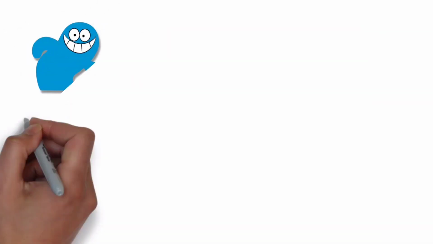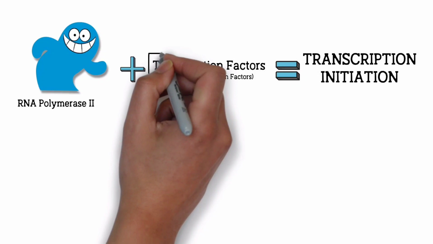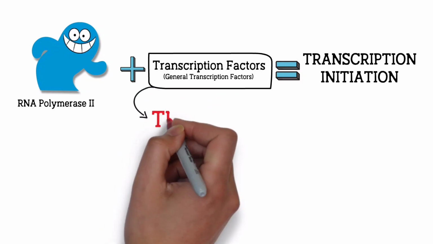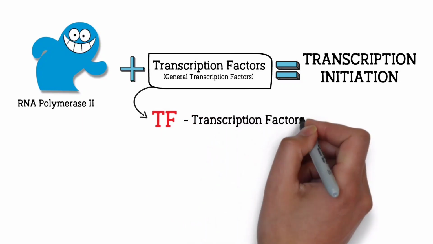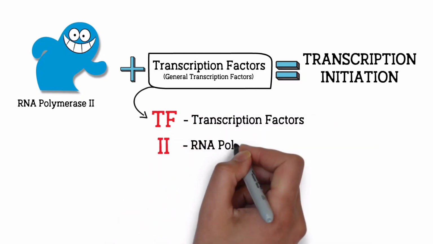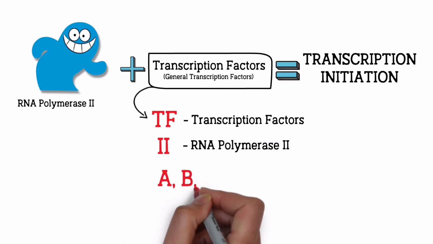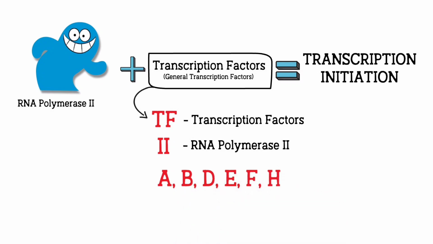The RNA polymerase II, along with other proteins known as transcription factors, collectively known as general transcription factors, are required for the initiation of transcription. Let's see how transcription factors are designated. The initial two letters are written as TF, which stands for transcription factor. The 2 indicates that it's a transcription factor for RNA polymerase II. The letters next to 2 can be A, B, D, E, F, and H, depending on the function of the transcription factor.